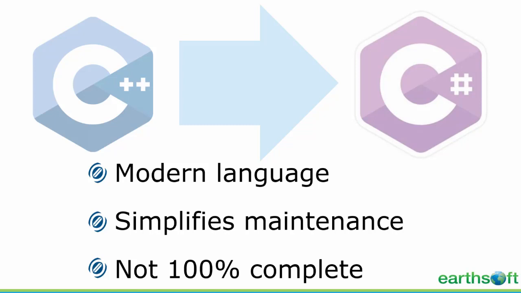And we realized that we had to eliminate that C++ code and move it to C#, in part because we want to get more of the Earthsoft developers involved in maintaining and continuing to develop EnviroInsite. I would say there's probably several 100,000 lines of code that were changed. A lot of it is just syntax, but nonetheless, those changes were made. We're not 100% there. There's some code that for various reasons is difficult to transition. We're going to continue to look at those and see if in the future we can get rid of that kind of legacy code.